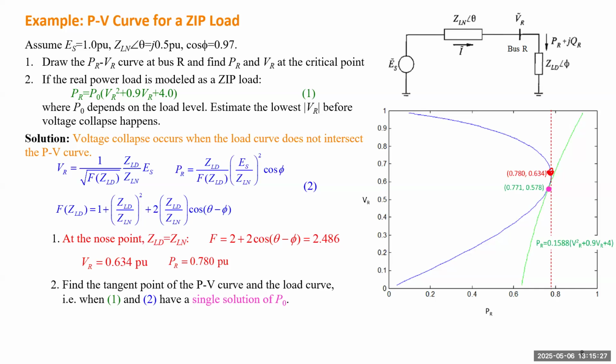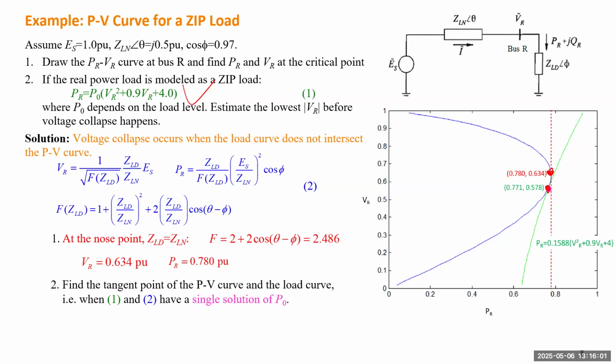But if the load is a ZIP load, which is a quadratic function, it will intersect the PV curve at a different point. So if you don't have better information about the load model, you can always assume a constant power load, but that will give you the most conservative result. If your load has some constant impedance component, the system doesn't have voltage collapse at that critical point. It will happen later, and how late depends on the load model.